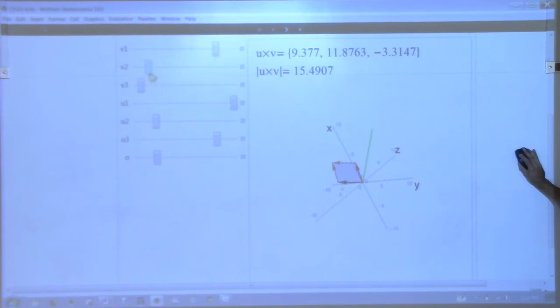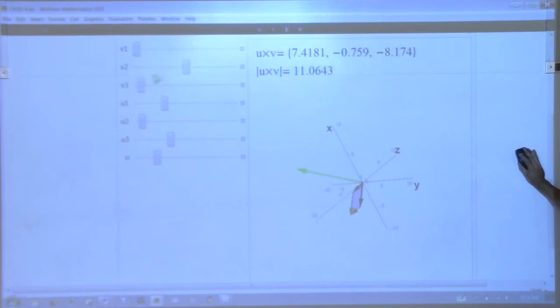There we go, I'm shrinking it. Oh, here comes the cross product vector. See, it's getting smaller? That's because the area is getting smaller. Making that area smaller. Now making it bigger.